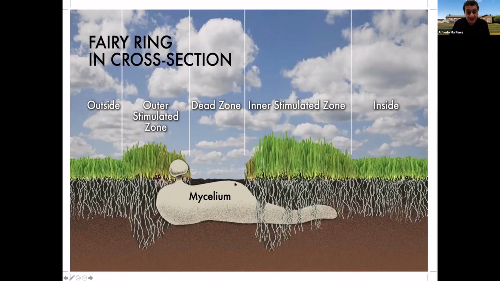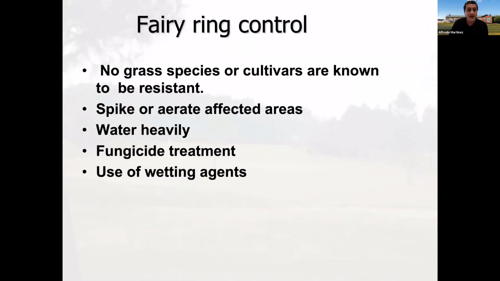So what's important is that we have to address this by fungicide, by core aeration, or by something that tries to destroy this mycelium. So maybe more water, things like that. It actually does not penetrate or infect the plant. So again, water heavily, and use something that breaks up the fungus by aerating and so on.